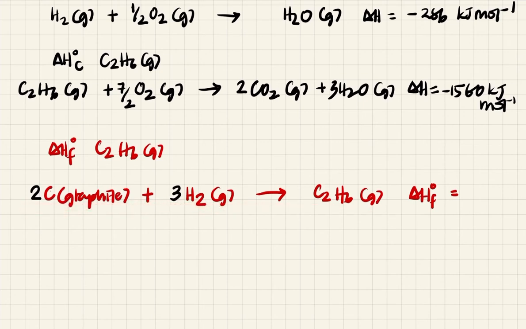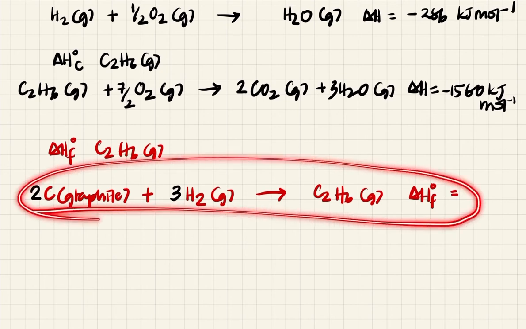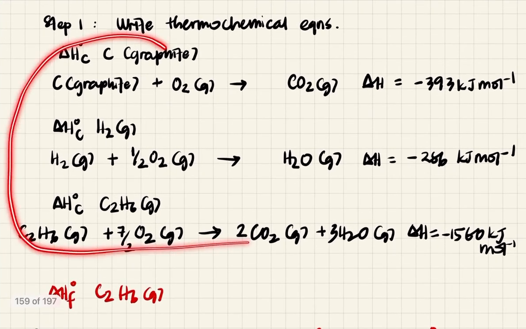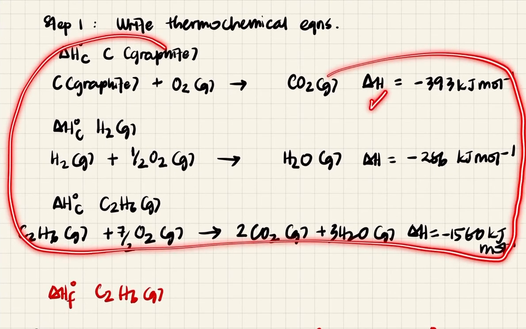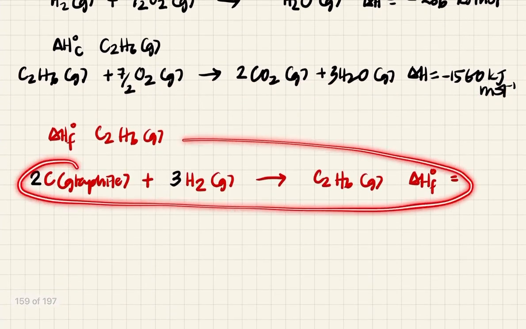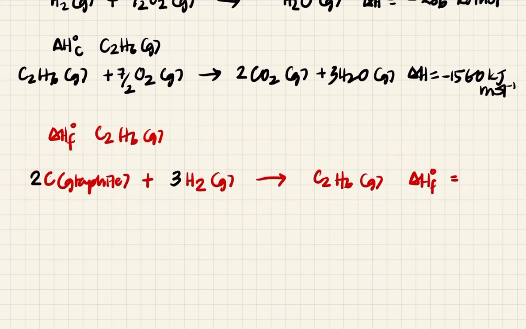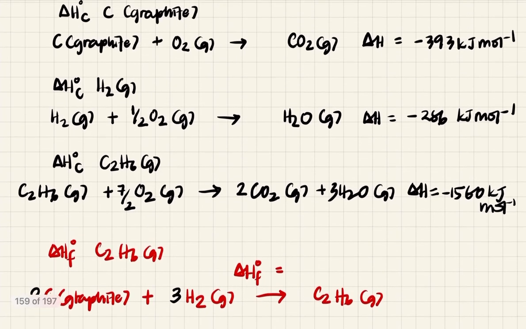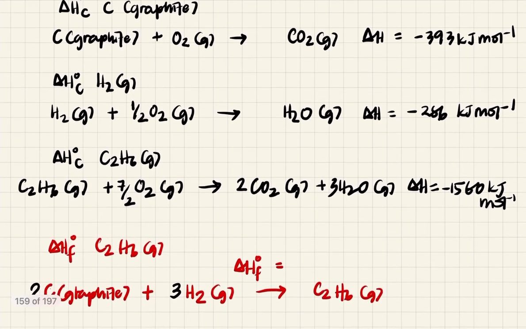So we will have this one up here, and then we will be using these thermochemical equations that we already have the values of its enthalpy changes for, to incorporate in the energy cycle to form our target equation. So we want this delta H. Now we are going to look at the equations that we have and how to incorporate them into our energy cycle.